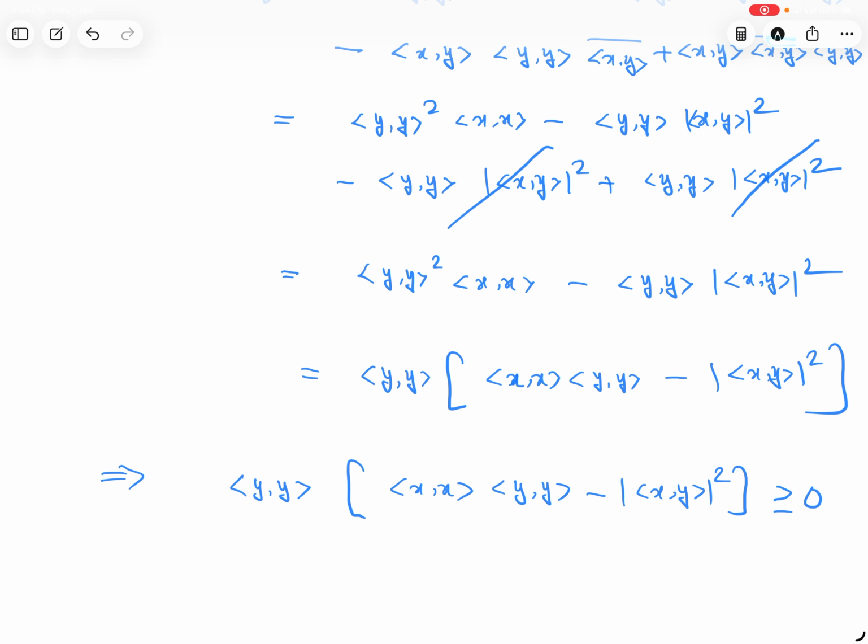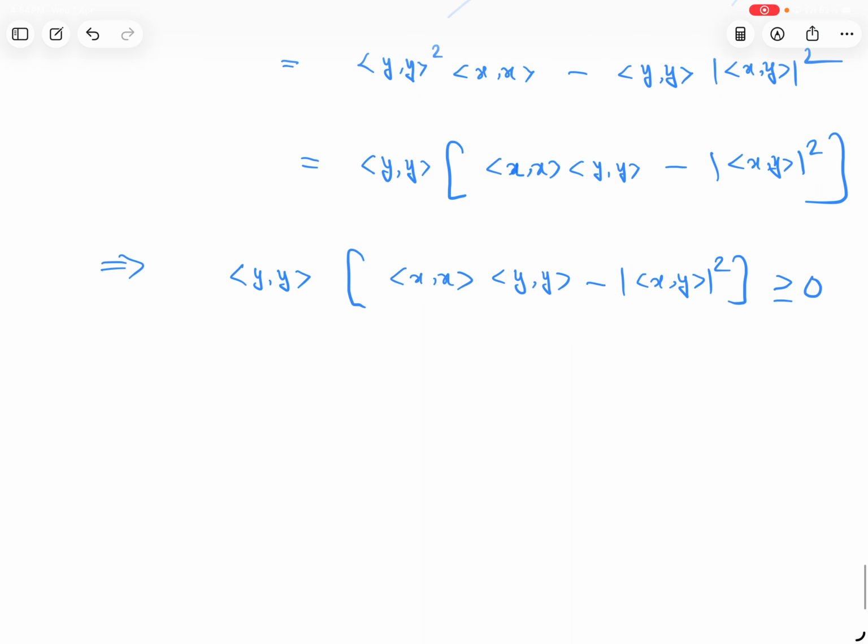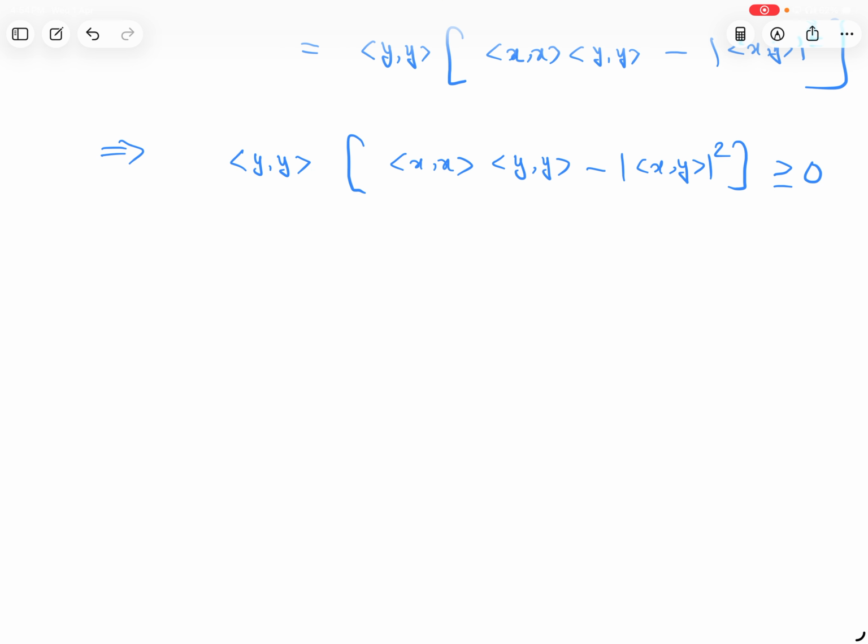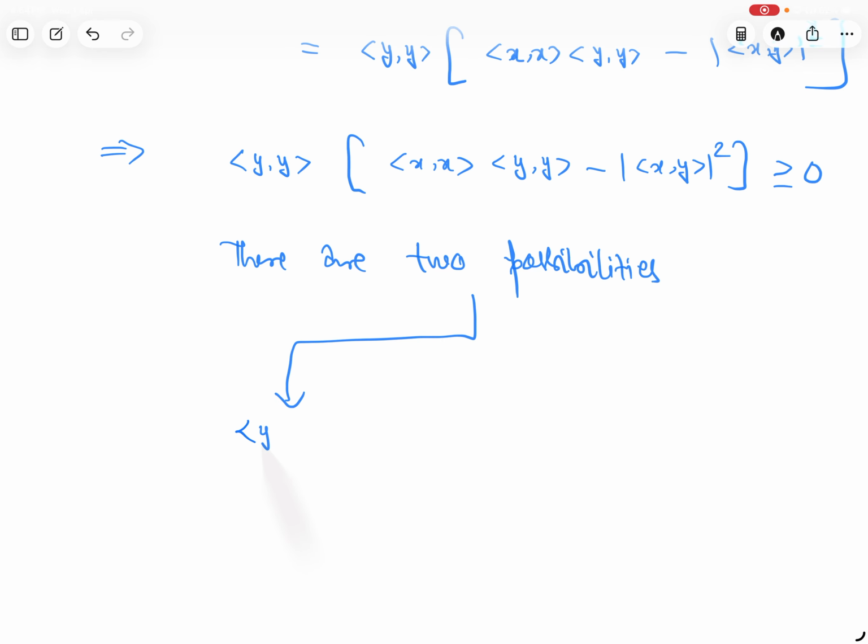So there are two possibilities. Either the inner product of y with y is 0, or the second possibility is that it is non-zero. But I know that it is always non-negative, so in this case it will be positive.